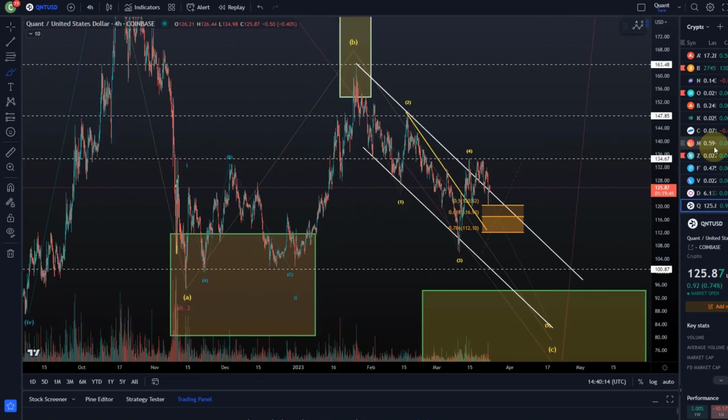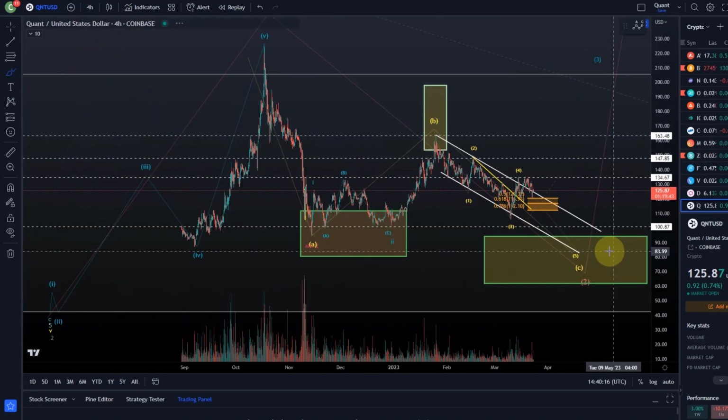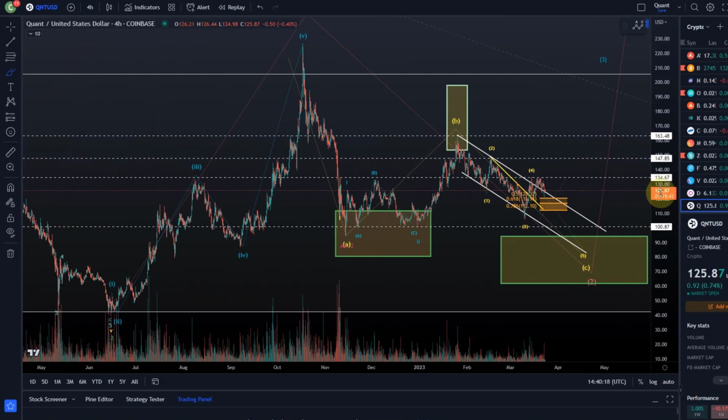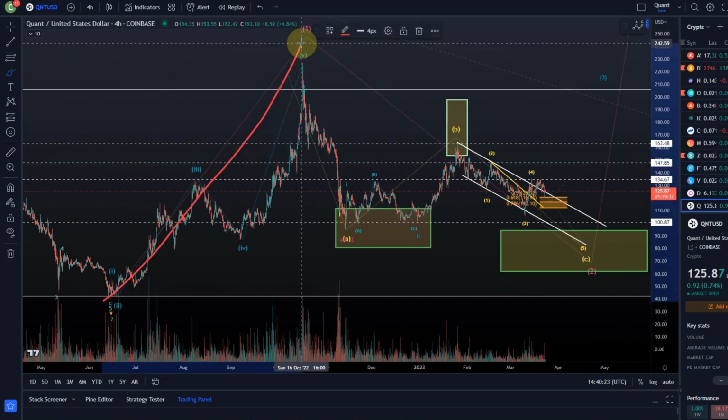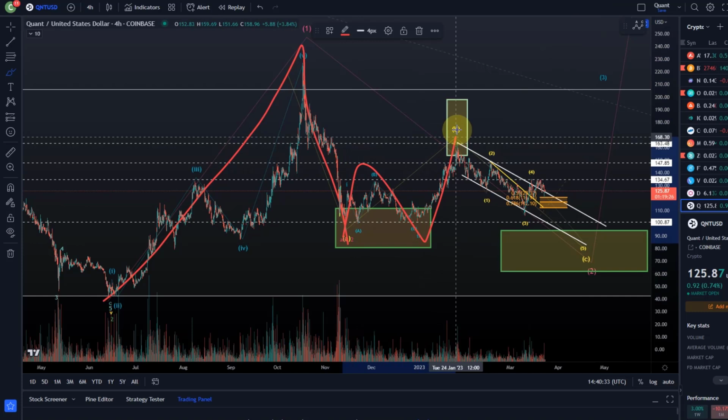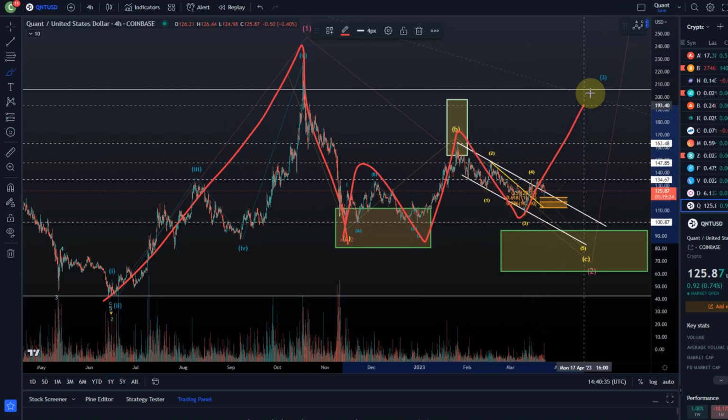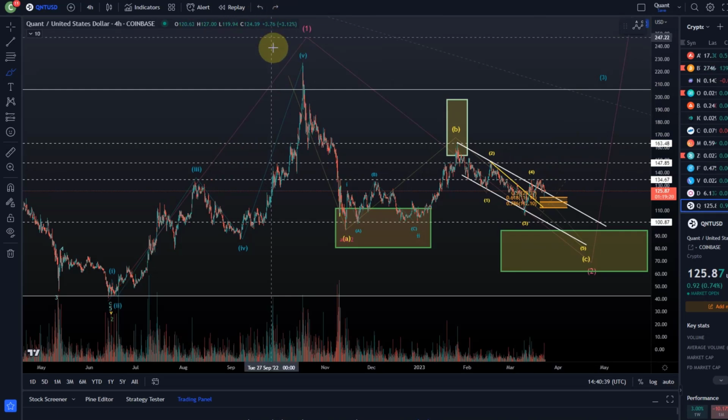And looking at the bigger picture, the bullish case would look as follows. We would say wave 1 to the upside, wave 2 to the downside, and then off the wave 3, a 1-2 setup and another 1-2 setup, and we could from here rally into that third wave, the $200 region.